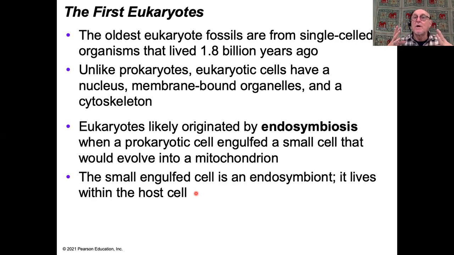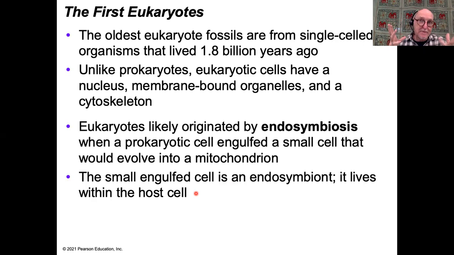The most important ones that we still recognize are, first of all, other prokaryotes which were able to serve as a source of cellular energy. The second were prokaryotes which were actually able to perform the process of photosynthesis.